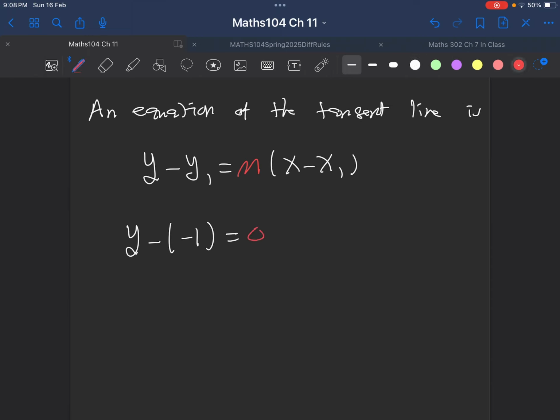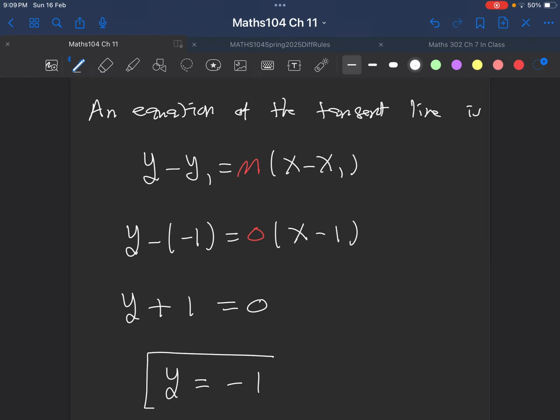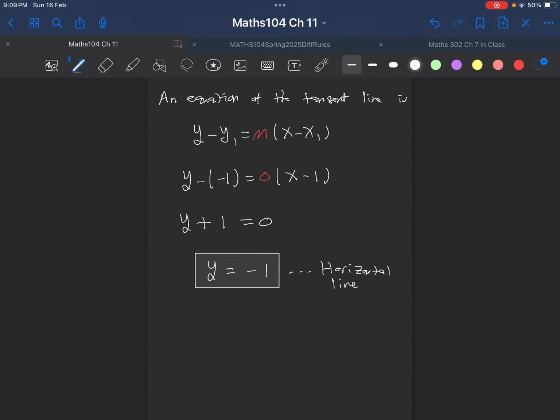M is 0. And we have x minus x1, which is 1. Of course, 0 times anything is 0. So we get y plus 1 equal to 0. So finally, y equal negative 1. Remember, if y equal negative 1, this is a horizontal line. So we just use the horizontal line.